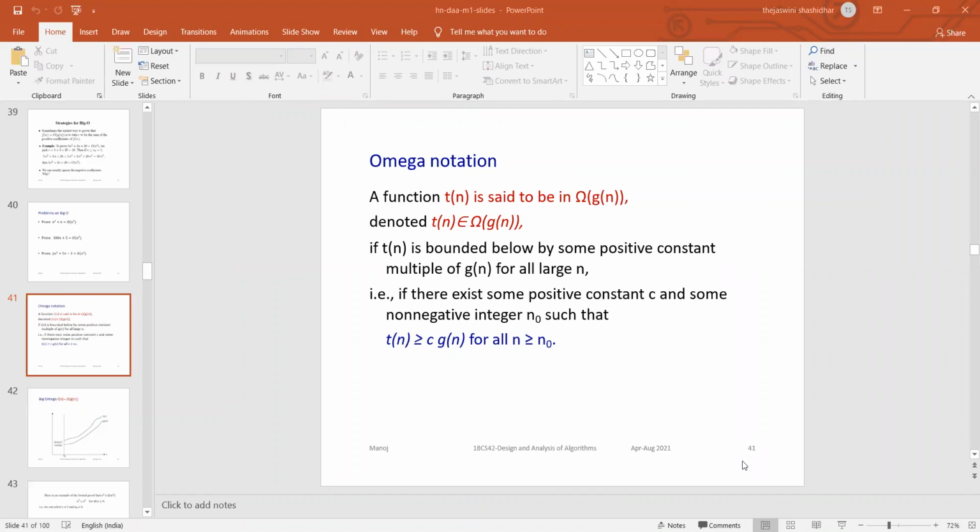In the graph, you tell me whether T of n will be below G of n or T of n will be above G of n. T of n will be above G of n. Is it correct? Kindly check here. T of n is greater than or equal to G of n.